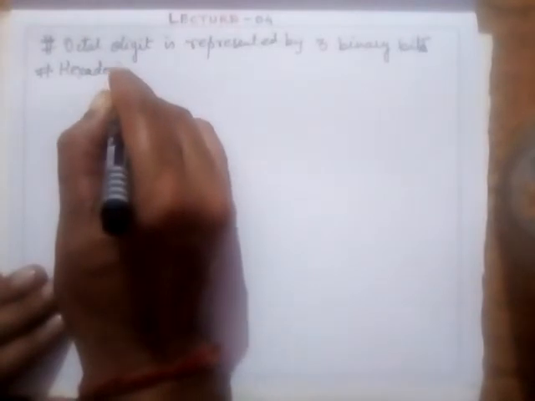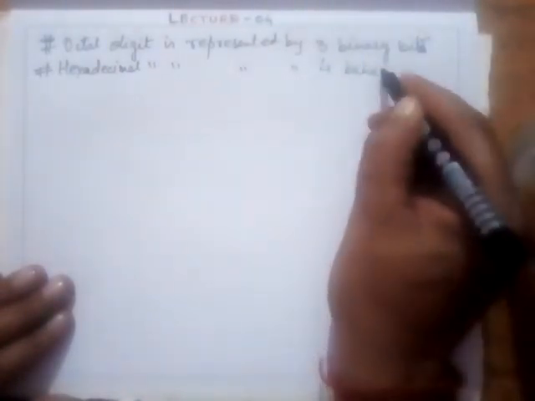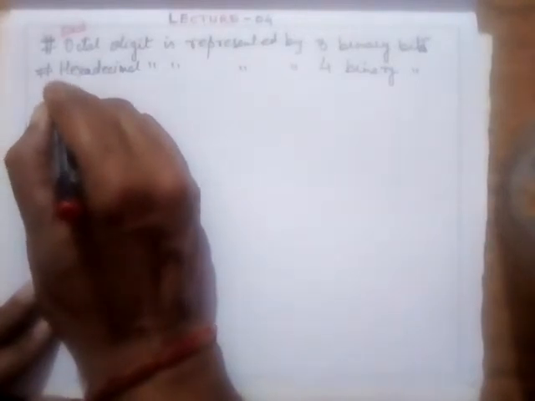So the second point is, the first point, as I said, that each octal digit is represented by 3 binary bits, and similarly every hexadecimal digit is represented by 4 binary bits.